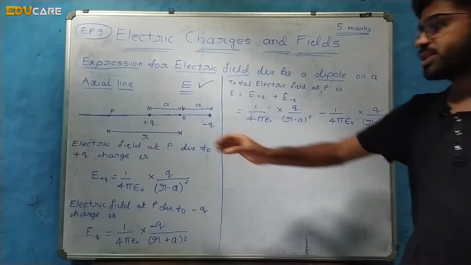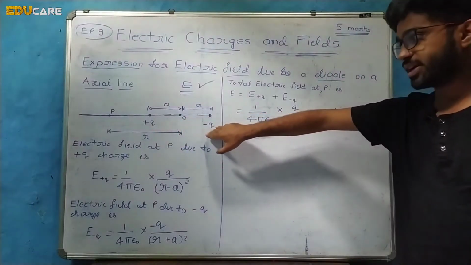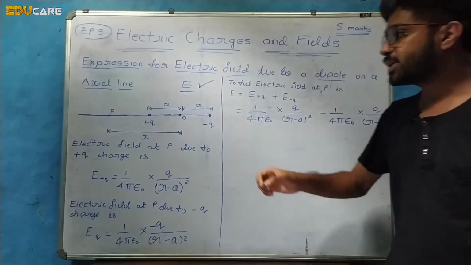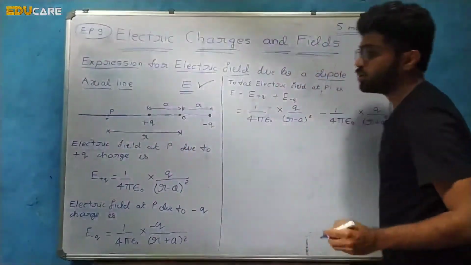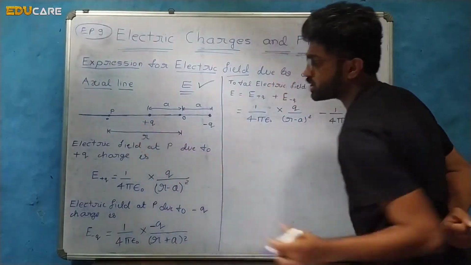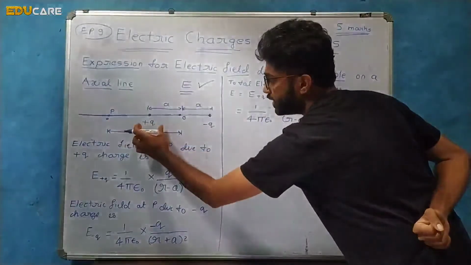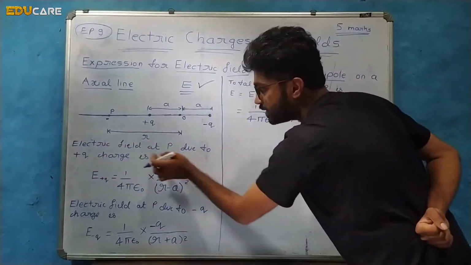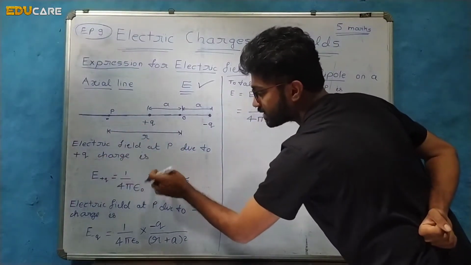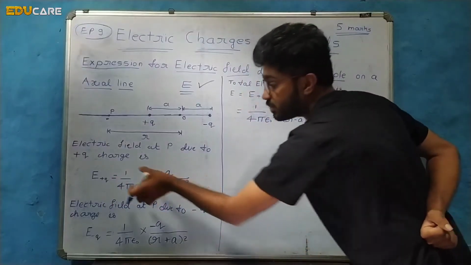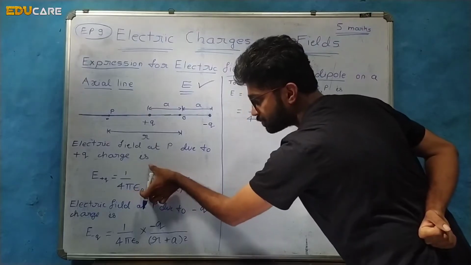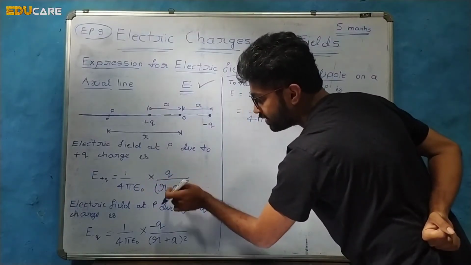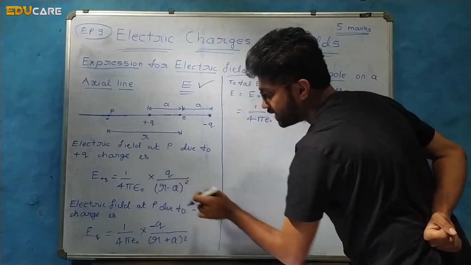Now we have to calculate the electric field E on an axial line due to this dipole. There are two charges, one positive and another negative. So electric field at P due to plus Q charge. Electric field at P due to plus Q charge is represented by E plus Q, which is given by 1/4 pi epsilon naught into Q divided by (R minus A) whole square.